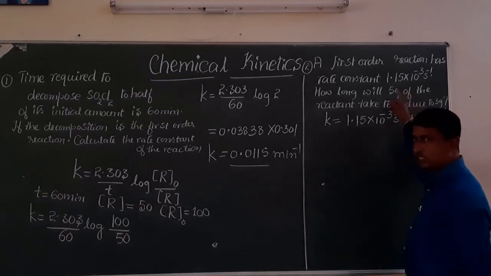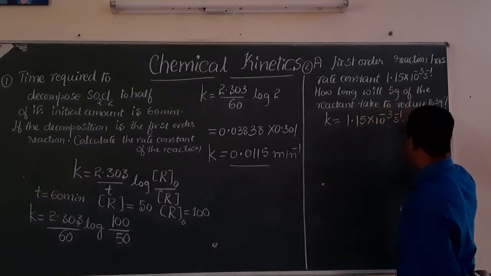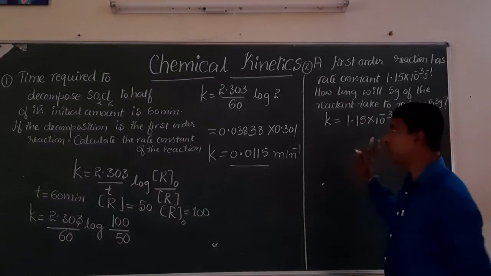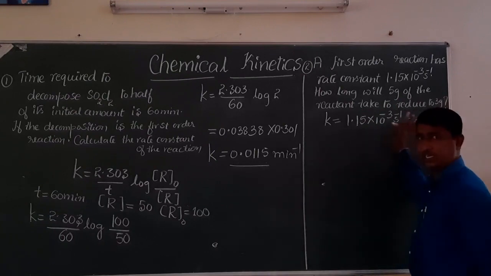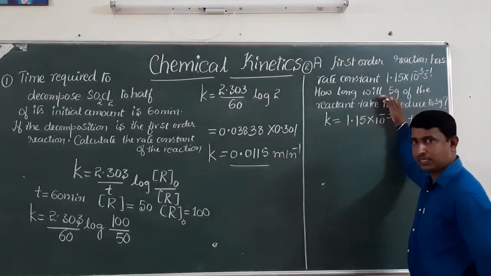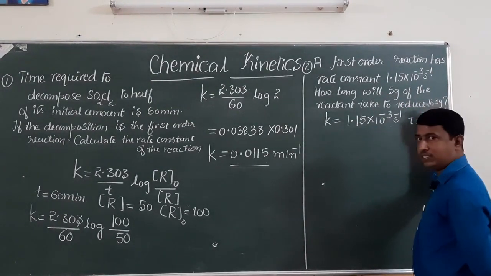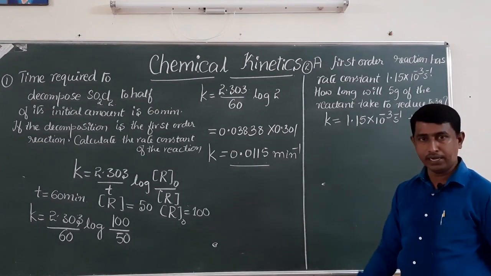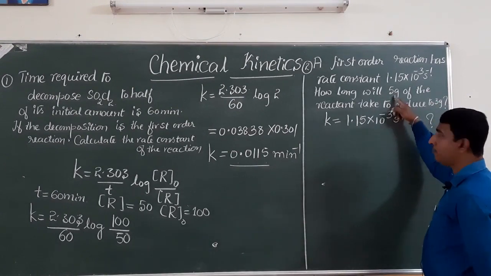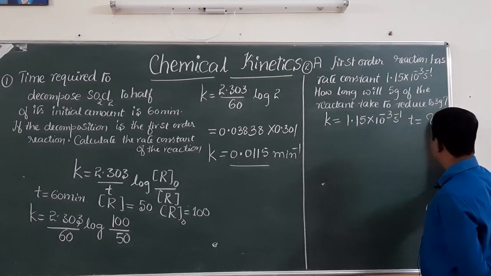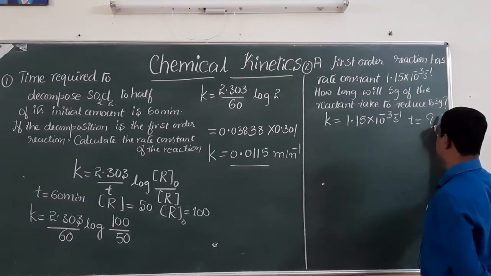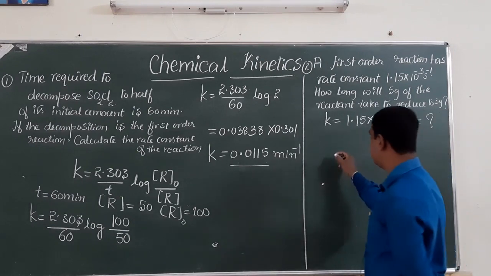So the initial amount is 5, and the amount of reactant left out is 3. Let us calculate the value of t.